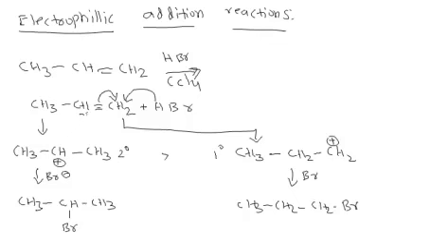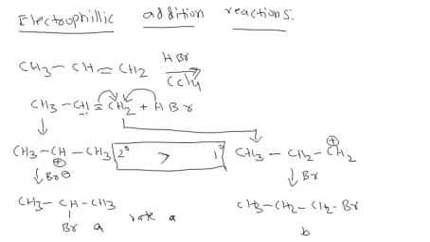The secondary carbocation is more stable than the primary carbocation. Among these two, A and B, whose rate will be more? The rate will be more for A than B, because in A the more stable carbocation is formed.